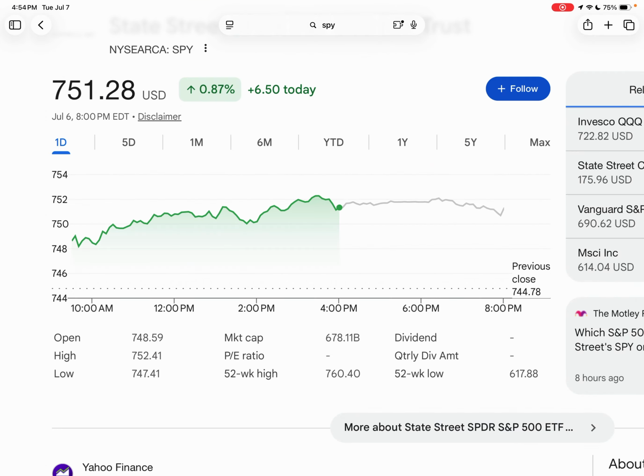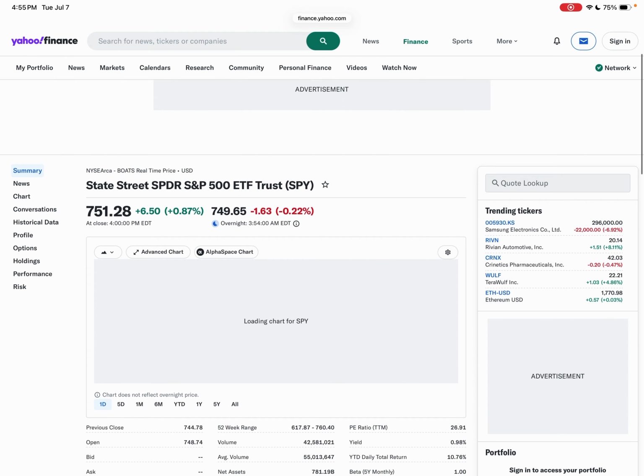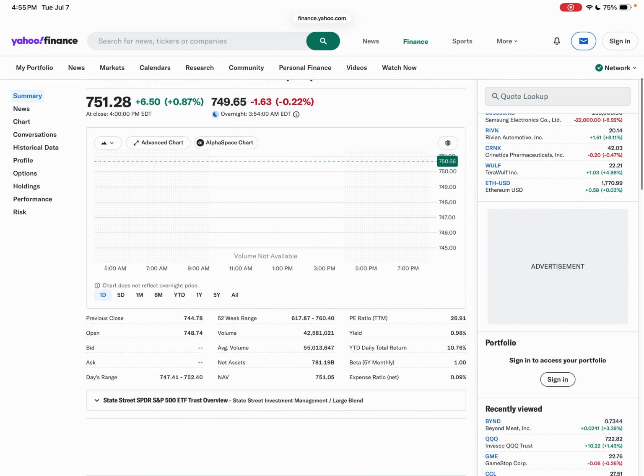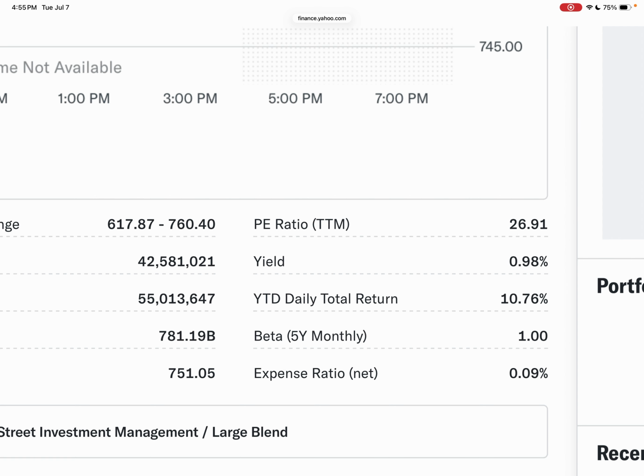SPY should have a beta closer to 1. Does it show a beta? Okay, here it is. We have beta exactly equal to 1.